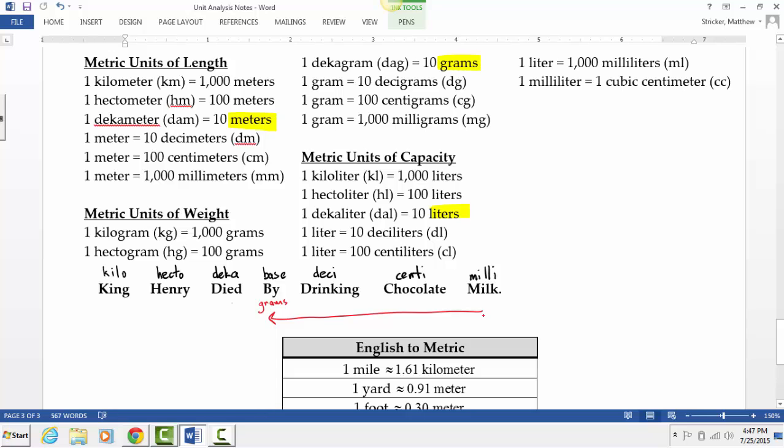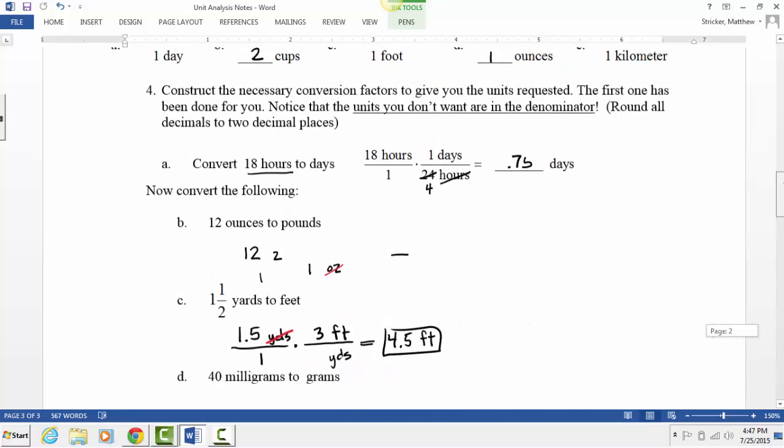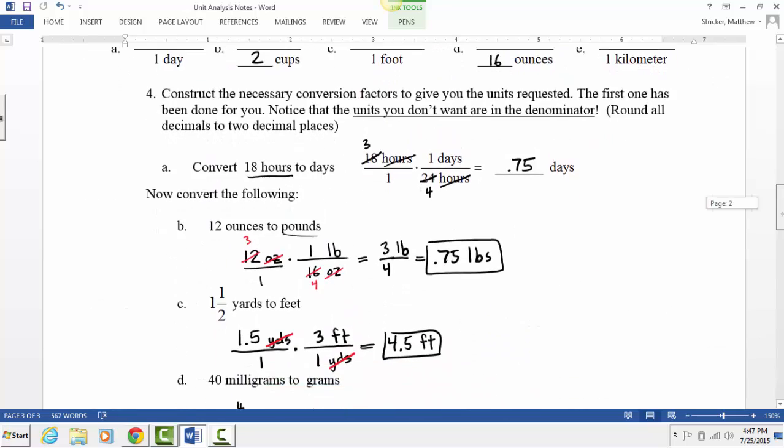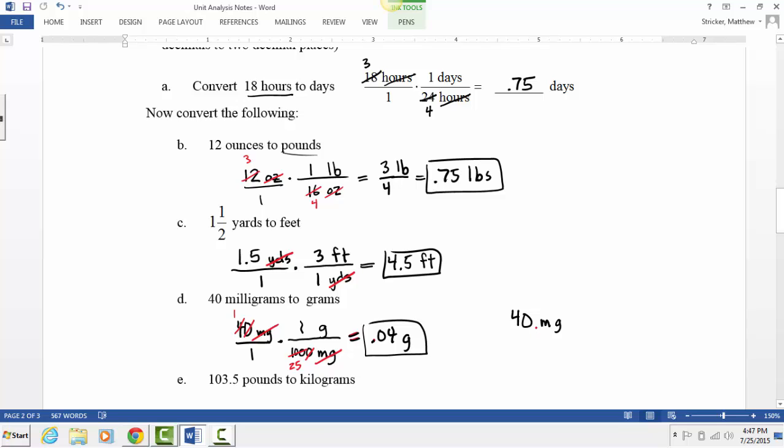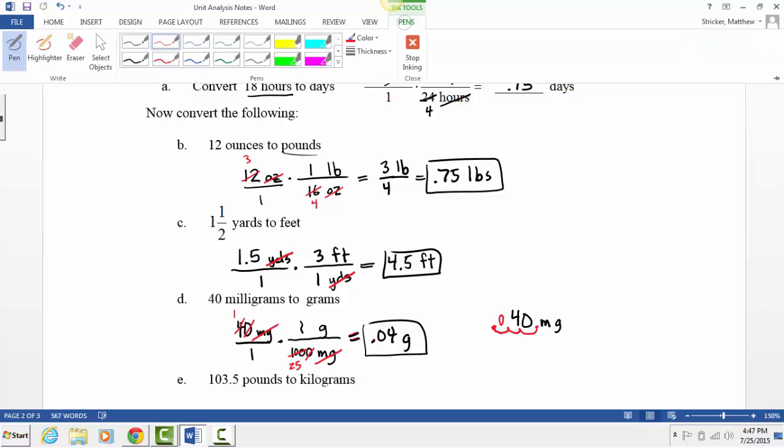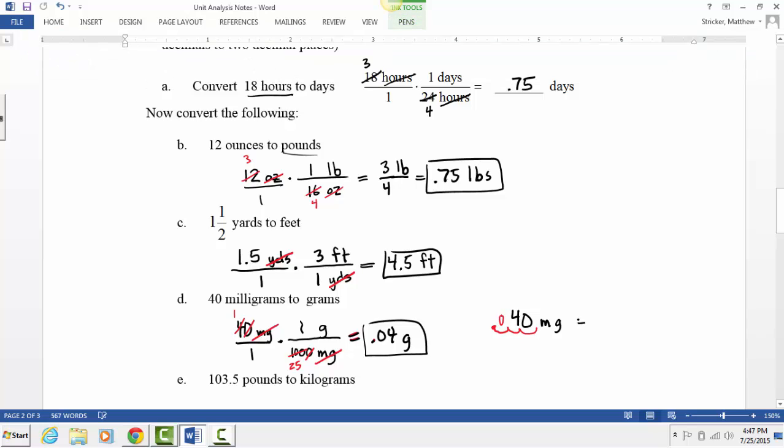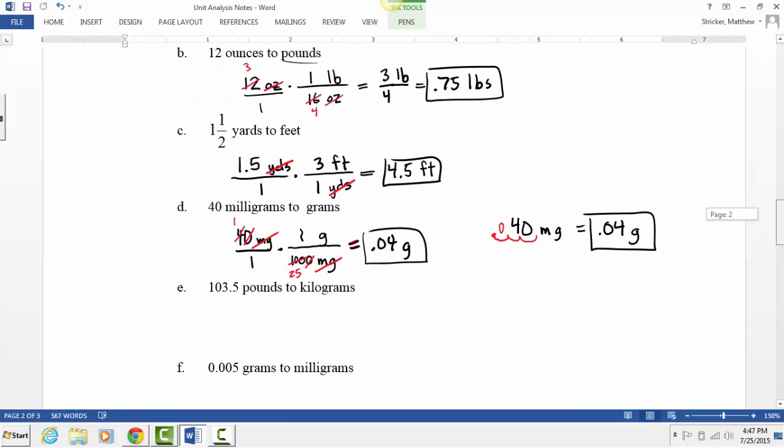To do that, we got to move 1, 2, 3 places over. So if you take your 40 and you move the decimal place over 3, starting from here, you get 1, 2, 3, add a 0, and we get our answer. Same answer we had going the other way, 0.04 grams. You can do these either way, whatever way feels more comfortable for you.